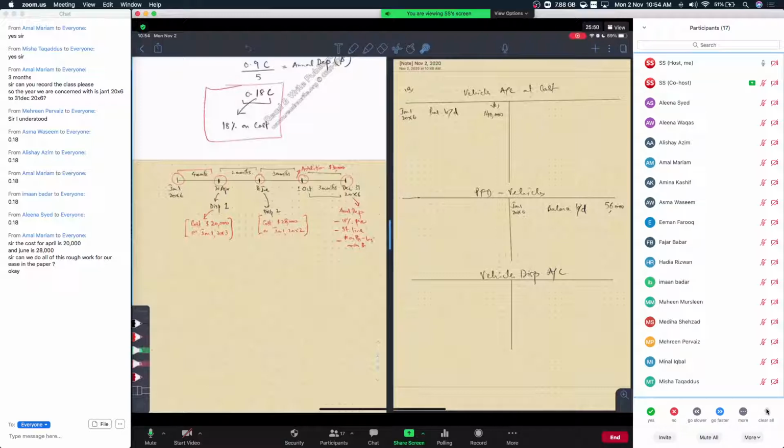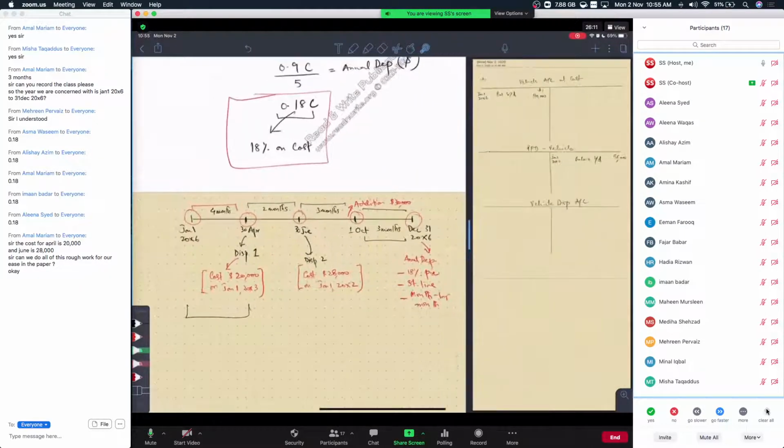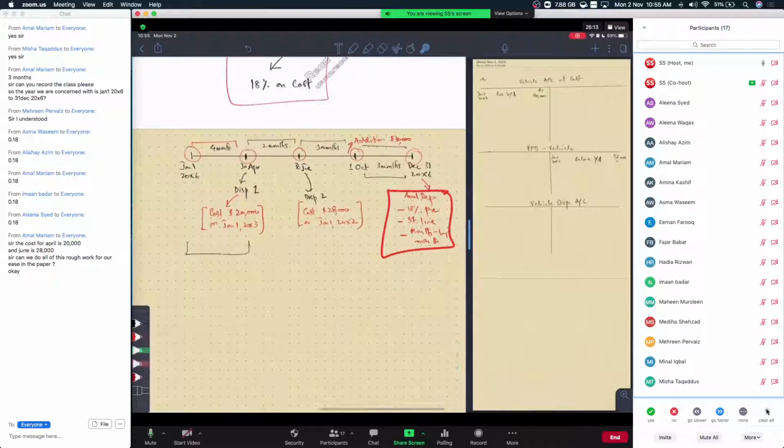So we know that from 1st of January to 30th of April, we have used this asset for 4 months. So we need to charge depreciation for 4 months for this part first. So how much the depreciation would be? We have the depreciation policy, 18% per annum, straight line method, and month by month depreciation charge. That is our depreciation policy. So what is the depreciation charge for these 4 months?